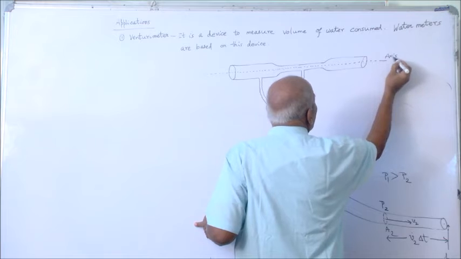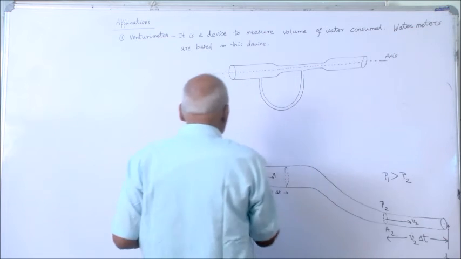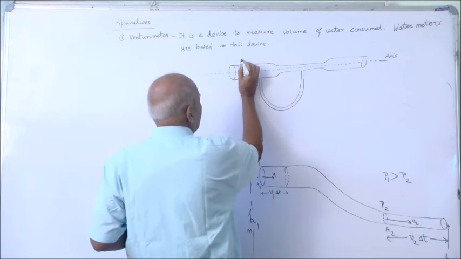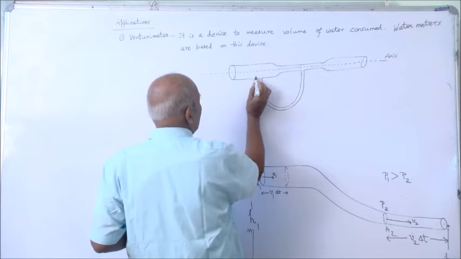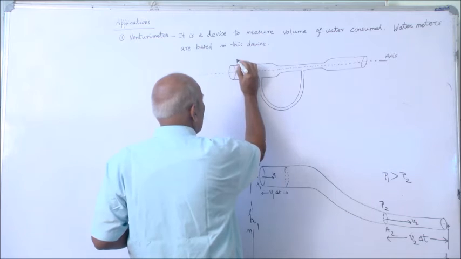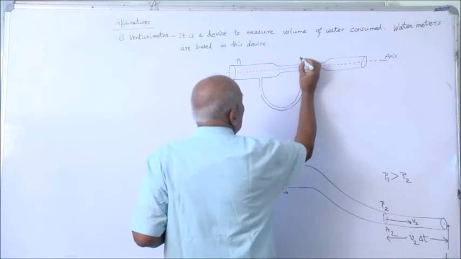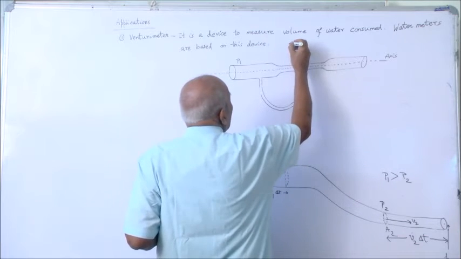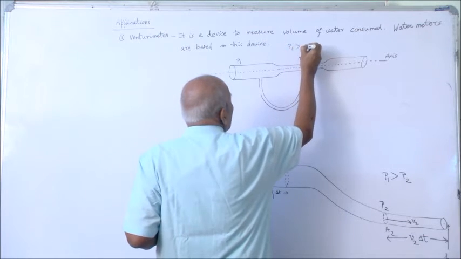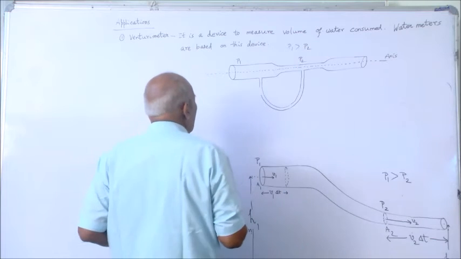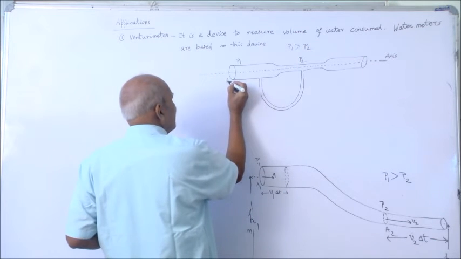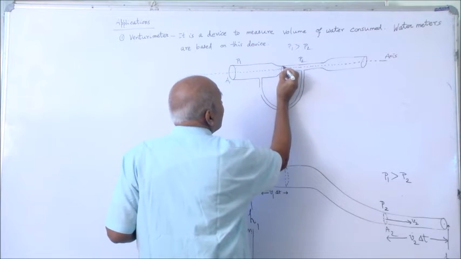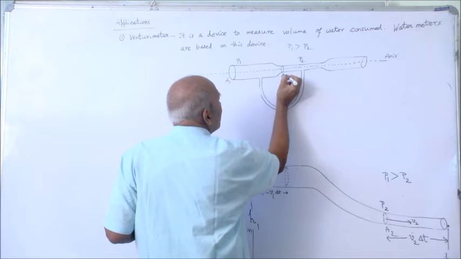It is the axis, and it is say pressure is P1 at the wider end, and it is P2 at the narrow end. Naturally, P1 is greater than P2, and area of cross section is A1, and it is A2.